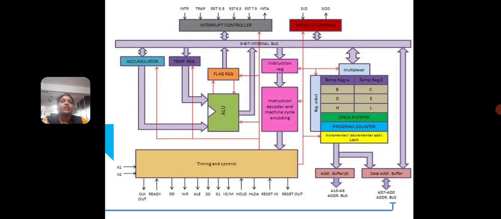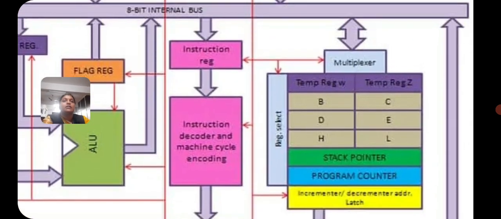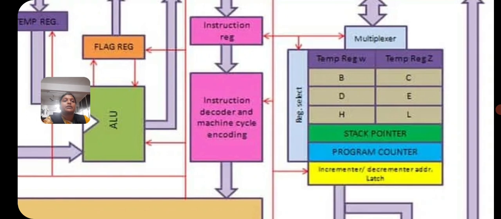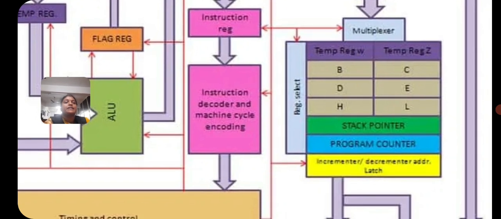And this is the architecture of 8085. So 8085 is a basic microprocessor. There are general purpose registers B, C, D, E, H, L. These registers are called general purpose registers.